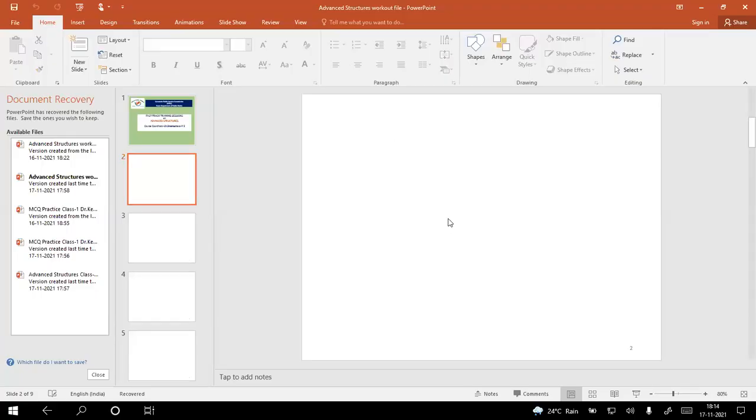What are the important elastic constants? I am not asking the relationship. The first one is Young's modulus. Next is rigidity modulus. Next one is bulk modulus and Poisson's ratio.